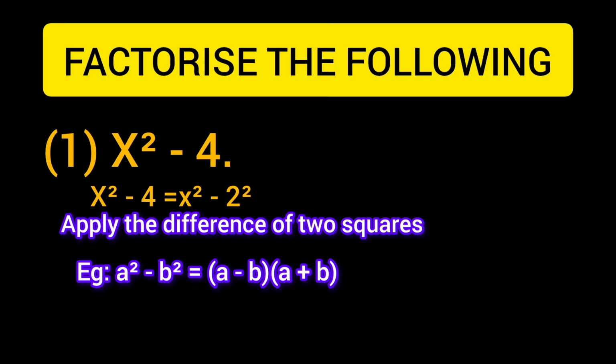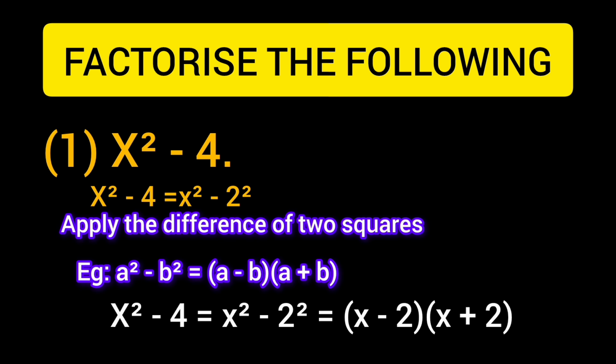All we need to do, you pick what? a minus b, you open bracket and pick a plus b. By applying the difference of two squares, that means when we have x squared minus 2 raised to power 2, then our final answer will be what? x minus 2, you open bracket and pick x plus 2. I hope you understand.